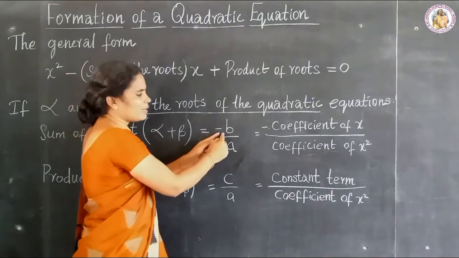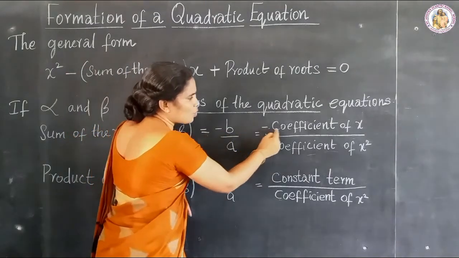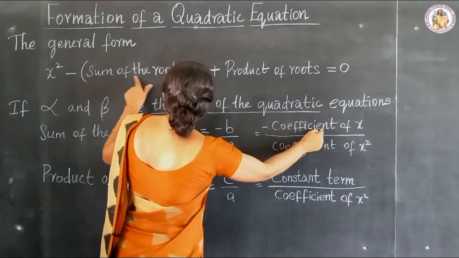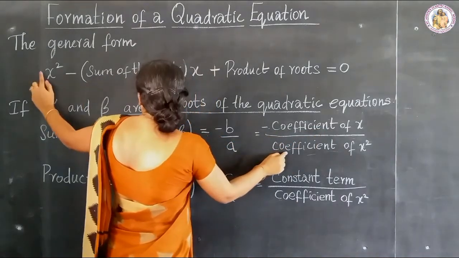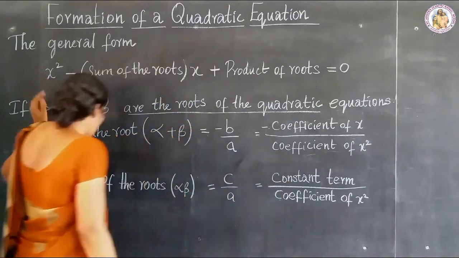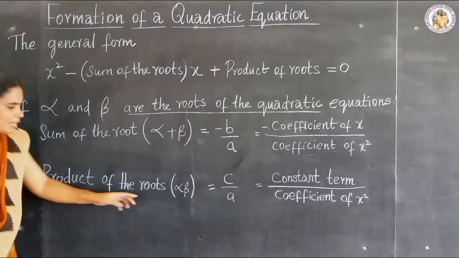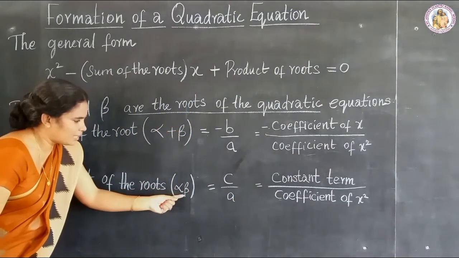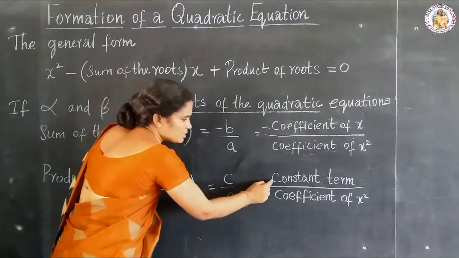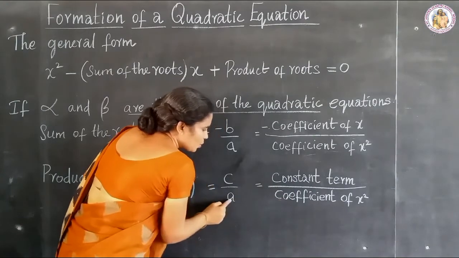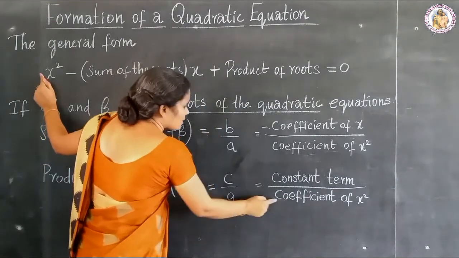Minus b is the coefficient of x, divided by a, the coefficient of x square. And the product of the roots, alpha into beta, is c by a, the constant term divided by the coefficient of x square.